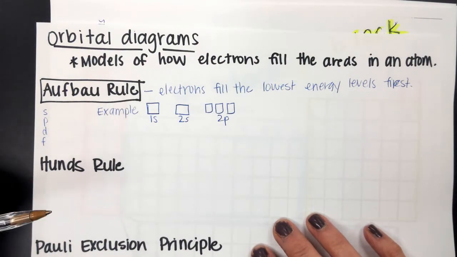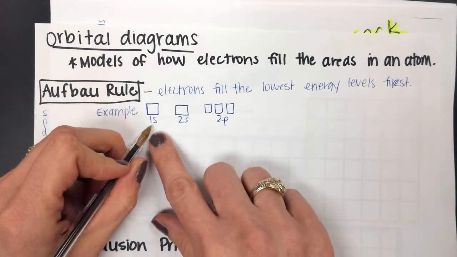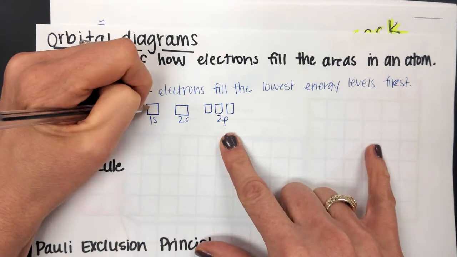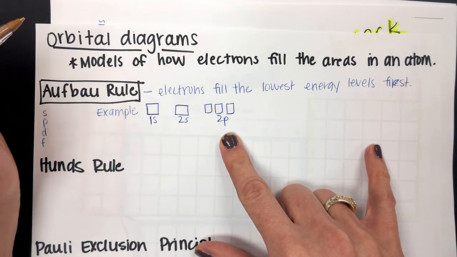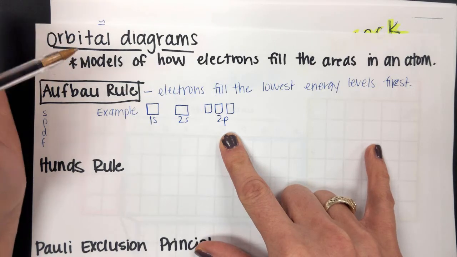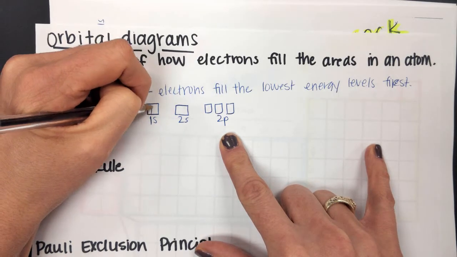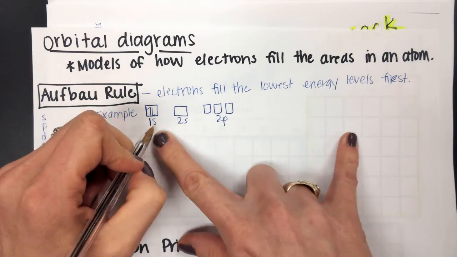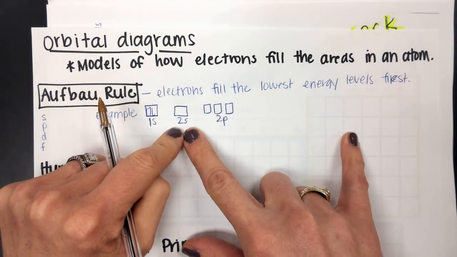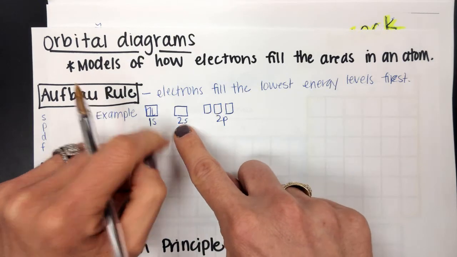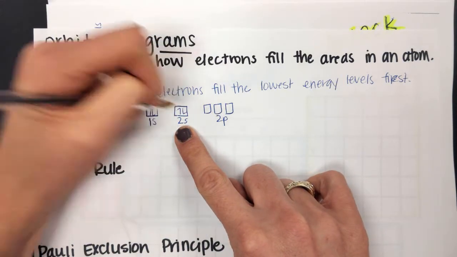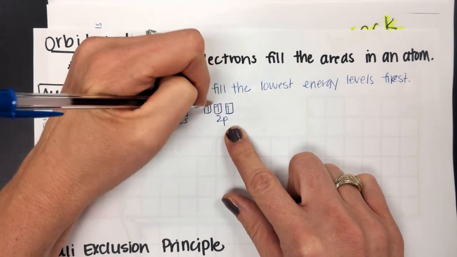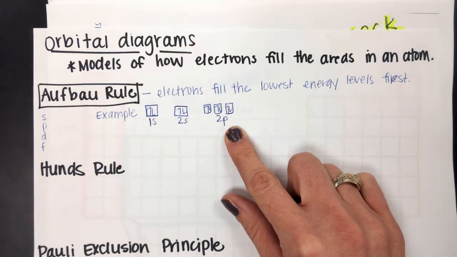Your electrons are going to fill energy level 1 first before you bump up to the second energy level. I'm going to draw these the correct way, but you're not going to know why they're the correct way yet. Energy level 2 you would move to, and you would fill the entire S sublevel before you move to the P sublevel. Then you would fill in the P. Okay?